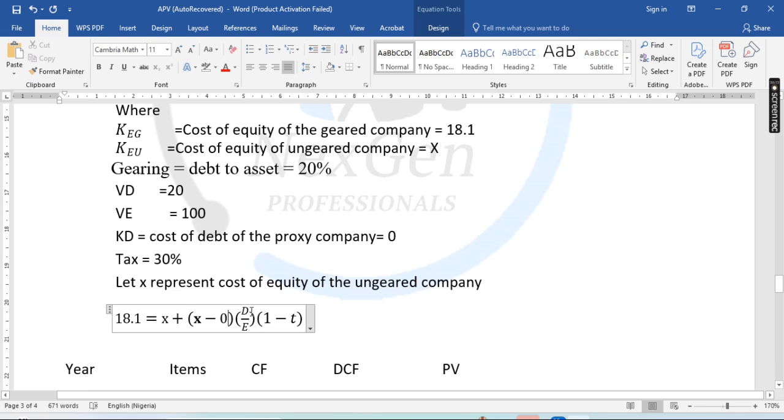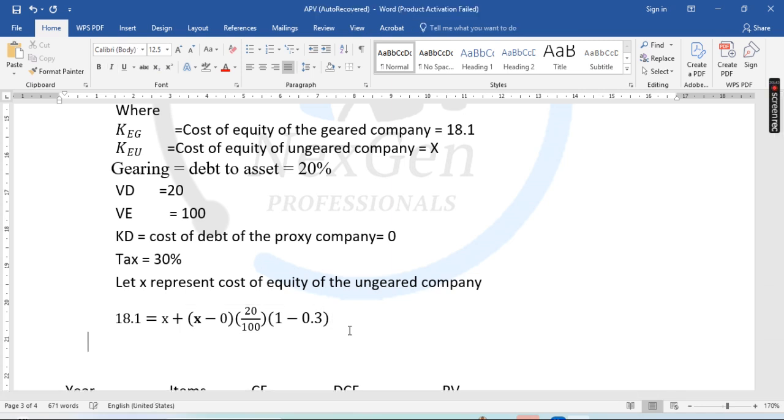Next, D, right? That is value of debt, 20. So this is value of equity, 100. Tax rate, 0.3.